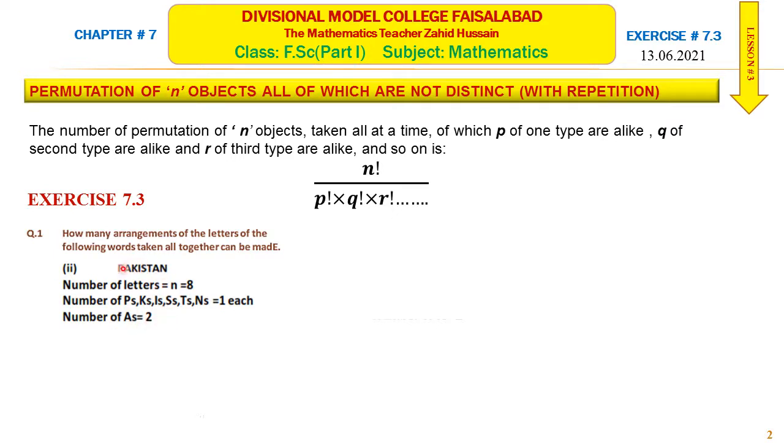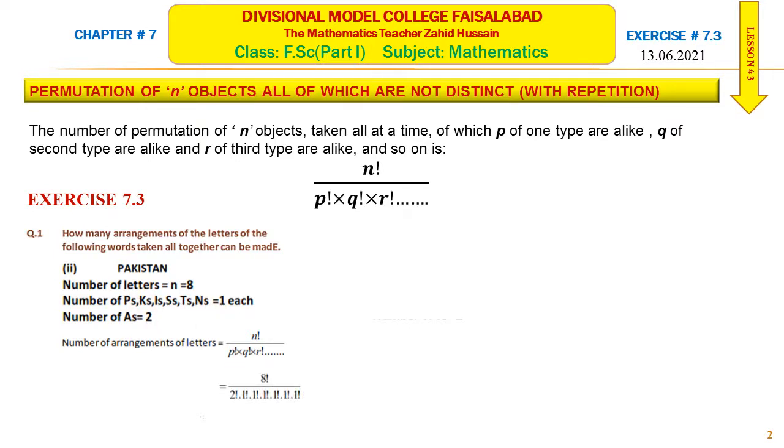So how will we find the number of arrangements of these 8 letters when A is occurring 2 times? Its formula is n factorial over p factorial multiplied by q factorial multiplied by r factorial. Now there are 1, 2, 3, 4, 5, 6, and 7 objects, one of which is occurring 2 times, that is p is 2, and these 6 are occurring once.